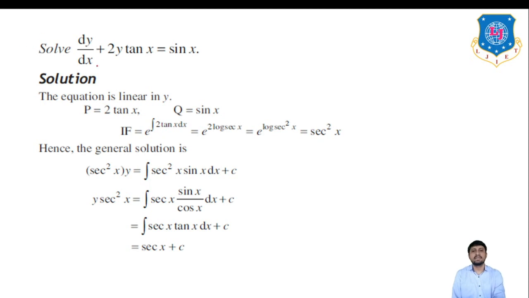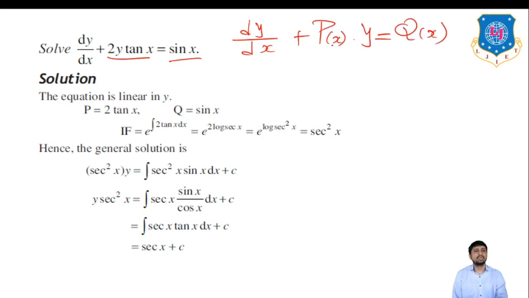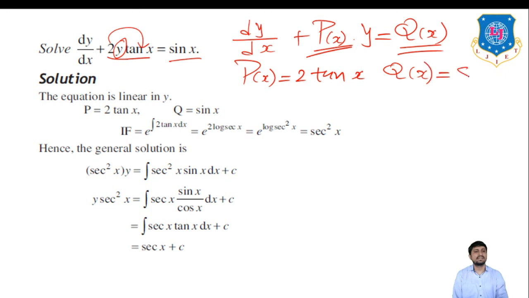Solve dy/dx + 2y tan x = sin x. Compare this equation with the general equation dy/dx + p(x) y = q(x). What is p(x) and what is q(x)? Here p(x) is 2 tan x, and on the right hand side q(x) is sin x.